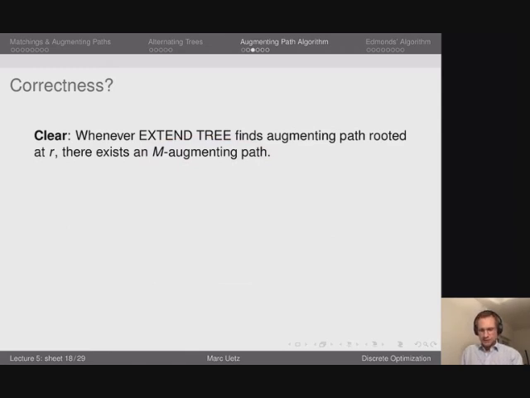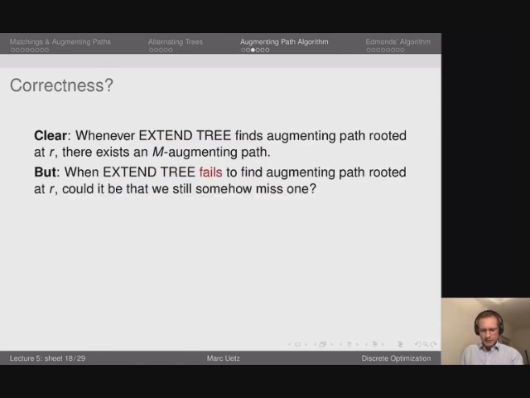The more relevant question, of course, is what happens if extend tree fails to find an augmenting path rooted at R? Can we be sure that this is okay? Is it really okay to skip vertex R at that point in time? Because it could mean that also at the end of the algorithm, vertex R is left unmatched. So that question is still open. Could we possibly miss some of the augmenting paths in the graph?